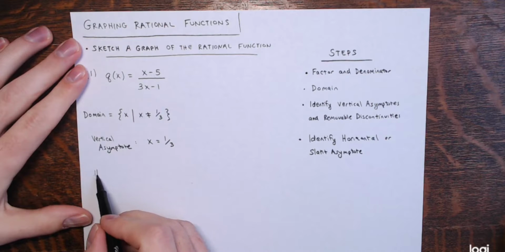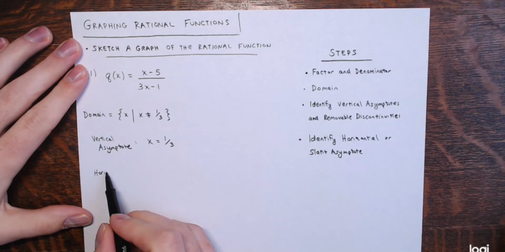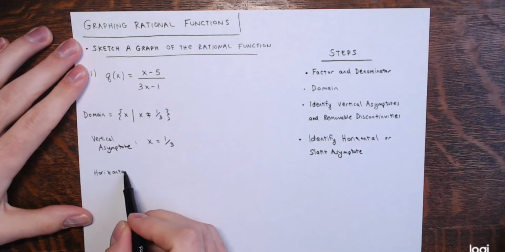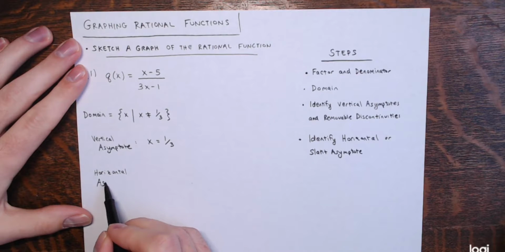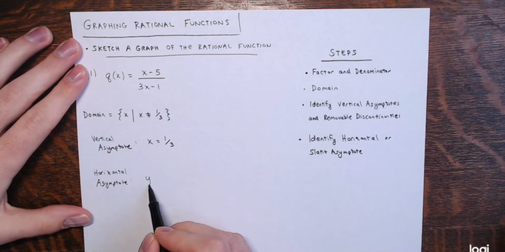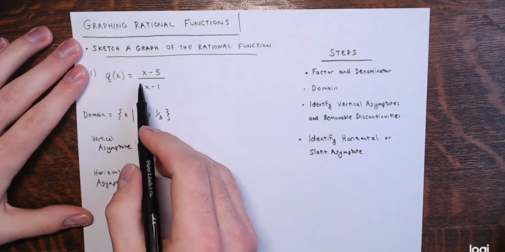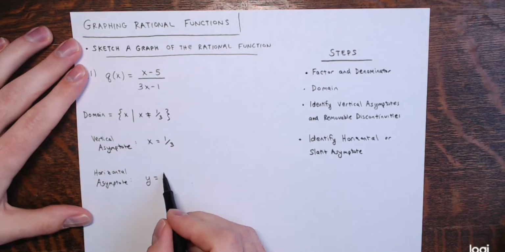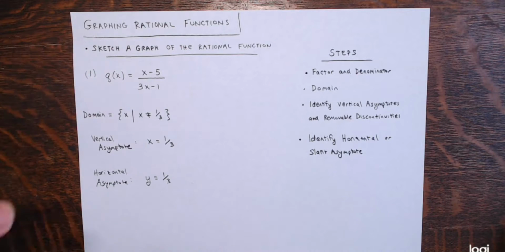So this will have a horizontal asymptote, the line y equals 1 over 3, the ratio of the lead coefficients. So y equals 1/3.